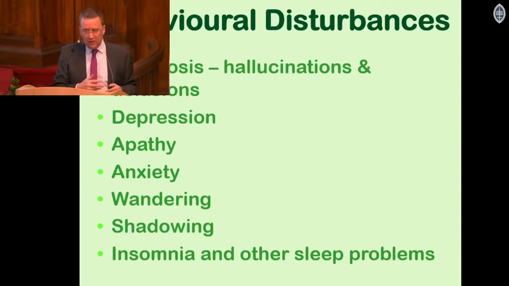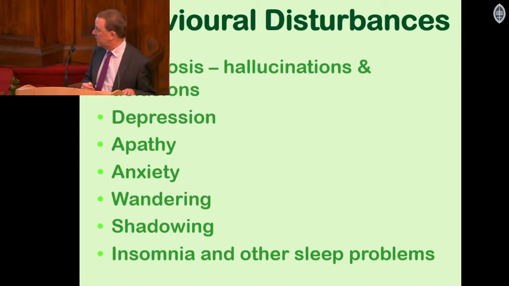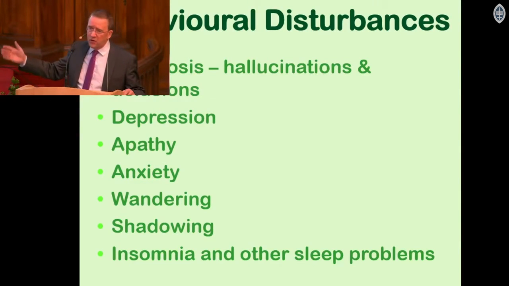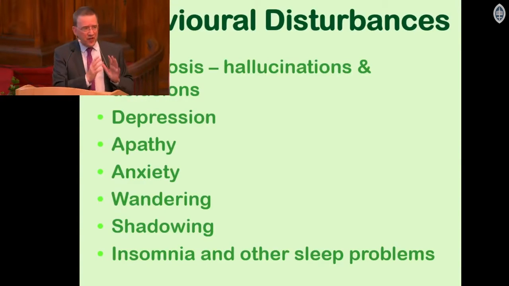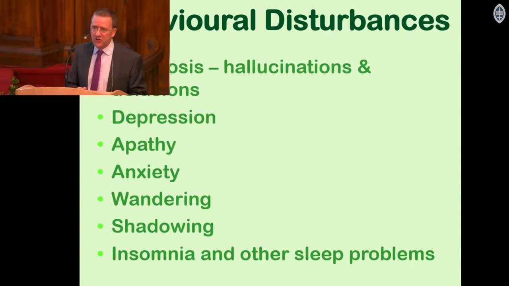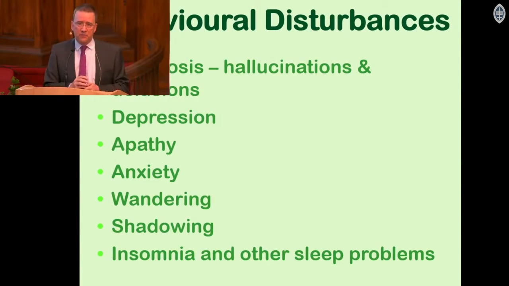And we'll obviously think on this more when we look at psychosis in the future. But psychosis, depression, anxiety, obsessions, any kind of symptom that you can think of in any mental illness occurs in people with dementia. Some are much more common, so apathy, for example, is extremely common in people with dementia and very frustrating.